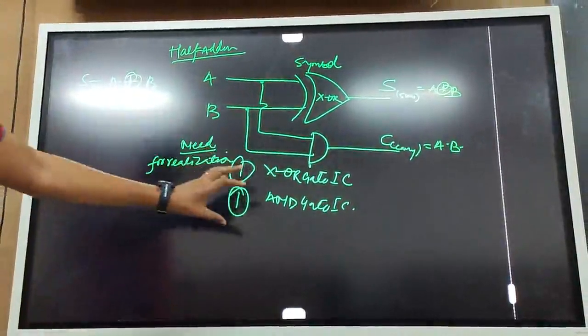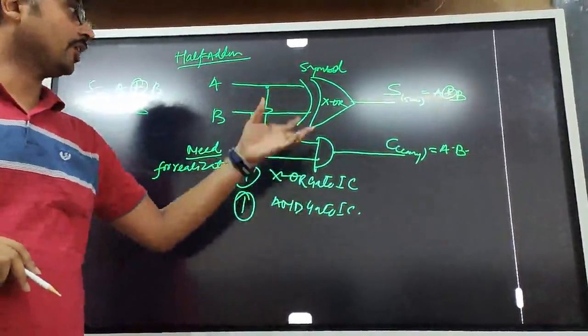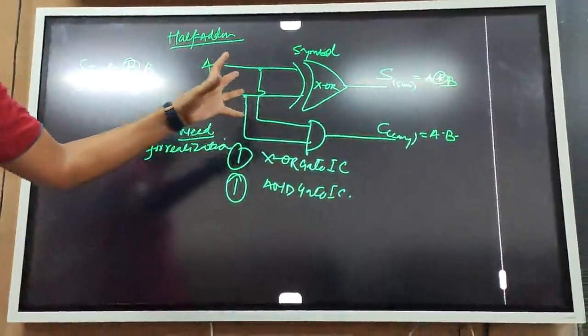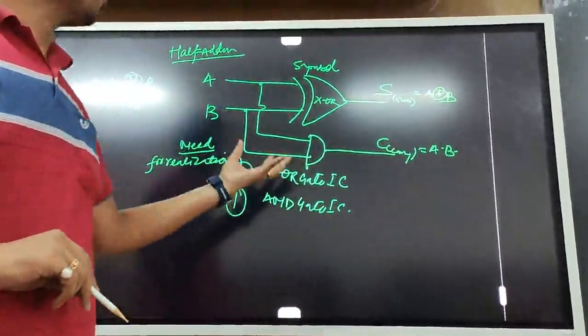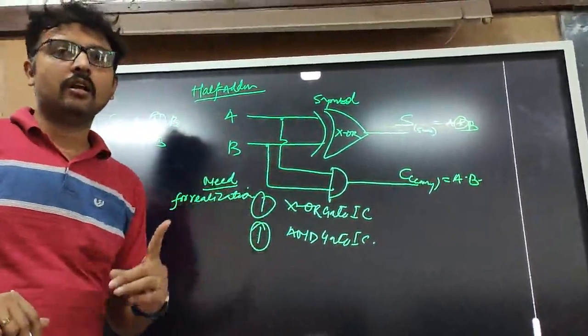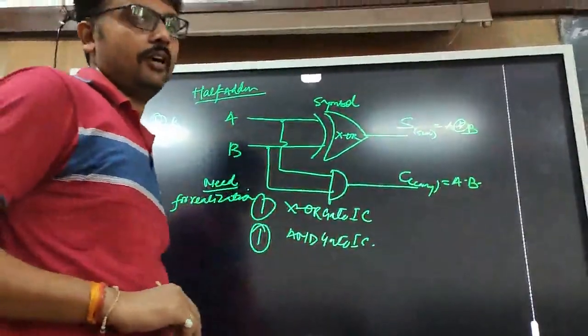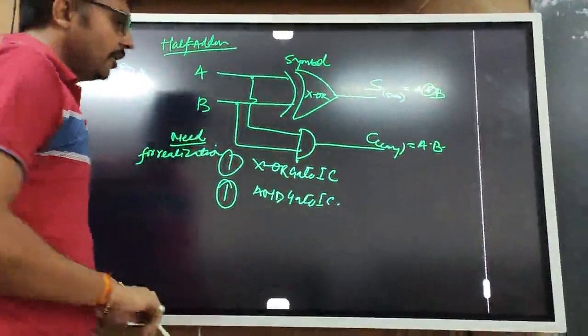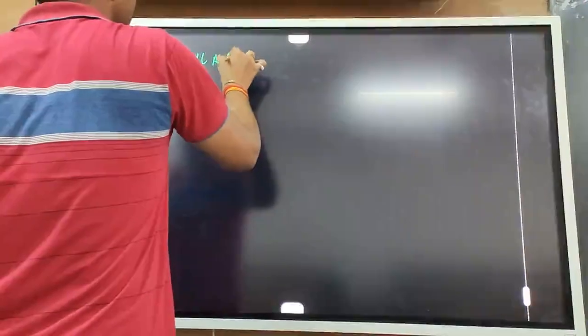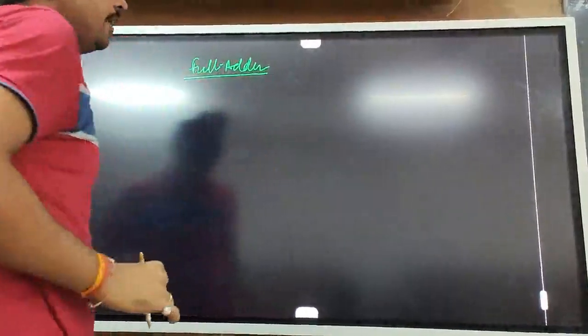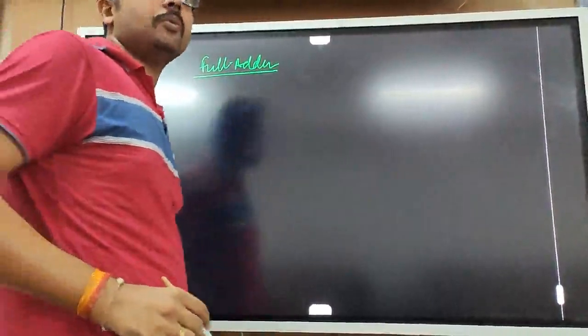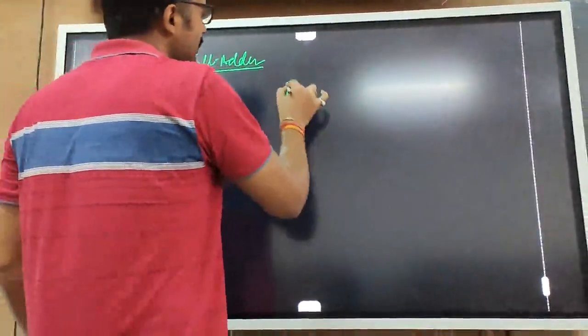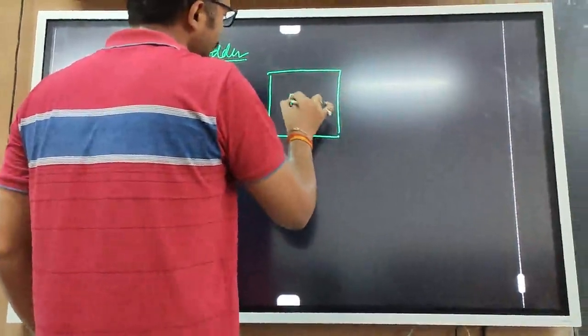So as we take two components, we can easily design this kind of circuit, which will basically give the output for the 1 bit addition, and that is the half adder. Similarly, for the case of full adder, there is a basic difference between half adder and full adder, that full adder is a 3 terminal device.